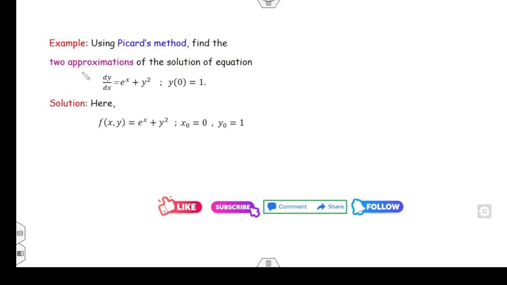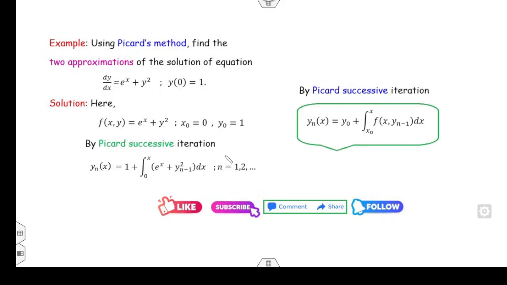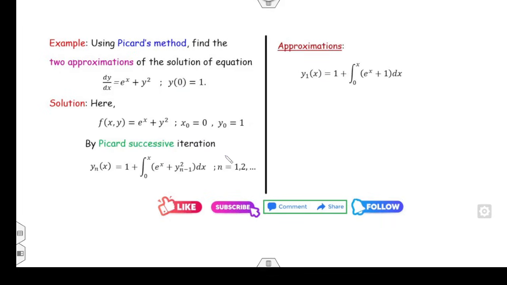So let's start with the given. What is the y of n? y naught plus, starting limit is 0 to x, f of x plus y of n minus 1 square. Fine. So let's substitute the values one by one. What is the y1? You can substitute the value of y naught.